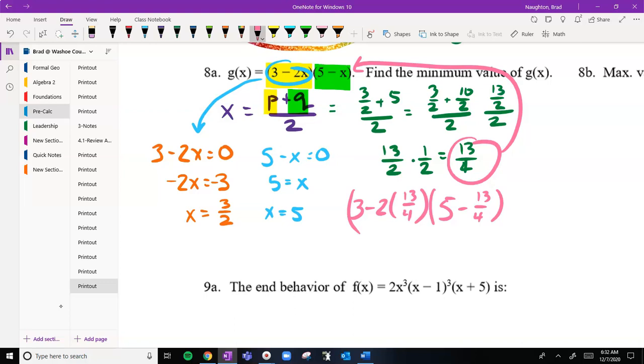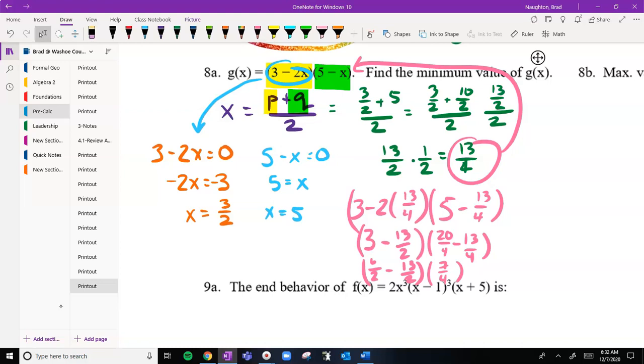So this is going to give me 3 minus 13 halves. And then we'll make this a common denominator, 20 fourths minus 13 fourths. So we're going to get 6 halves minus 13 halves, which gives me negative 7 halves. And that's times 7 fourths.